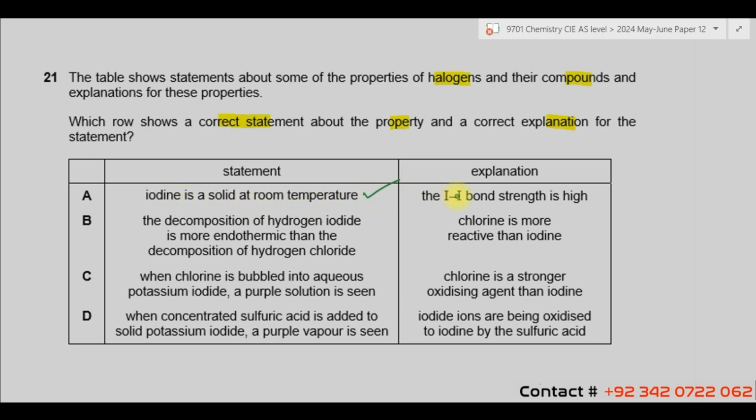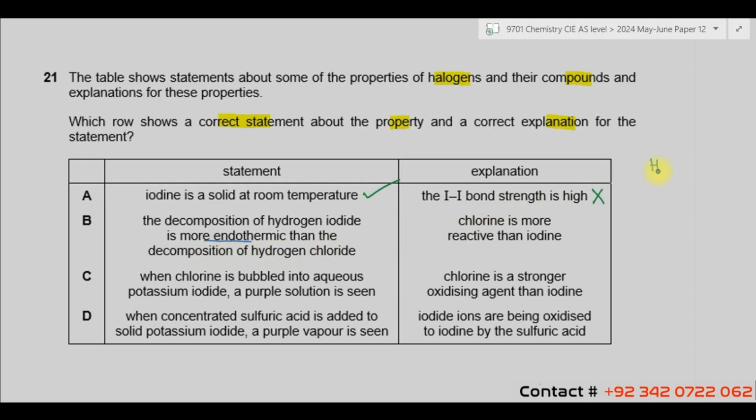This is true. Explanation is that the I-I bond strength is high. Now, being solid depends on the intermolecular forces of attraction, not the bond strength. This is a wrong explanation.